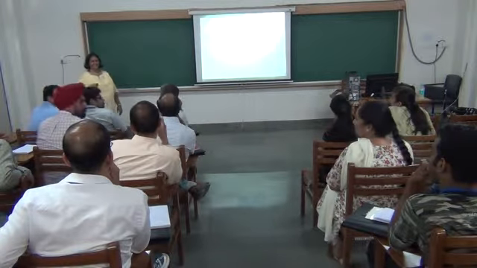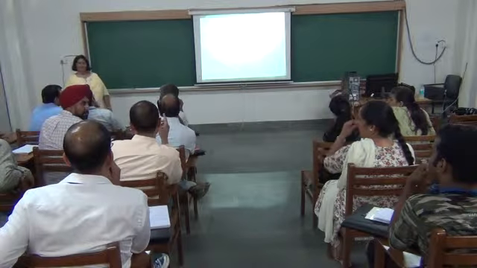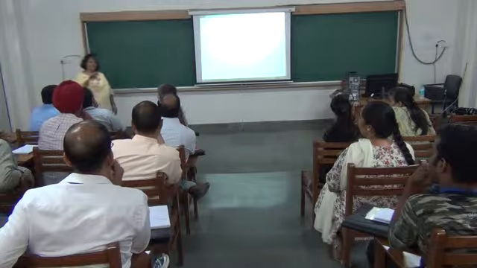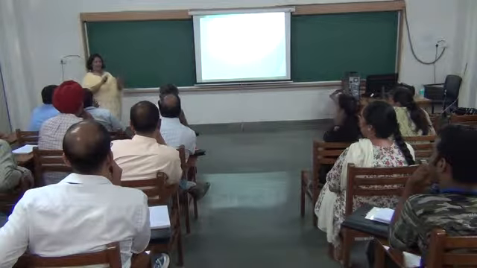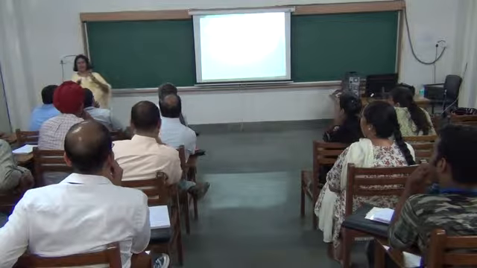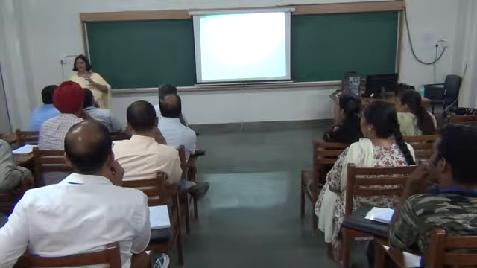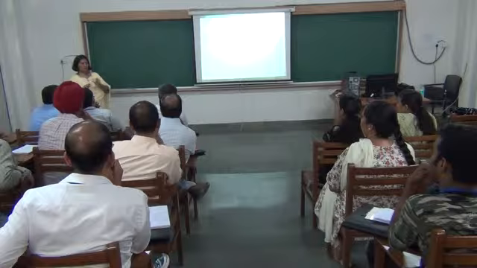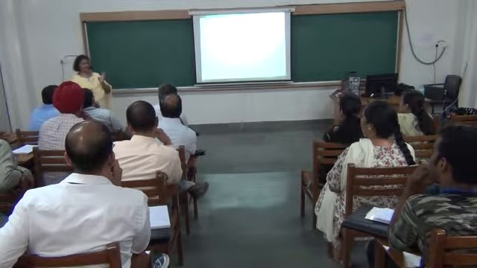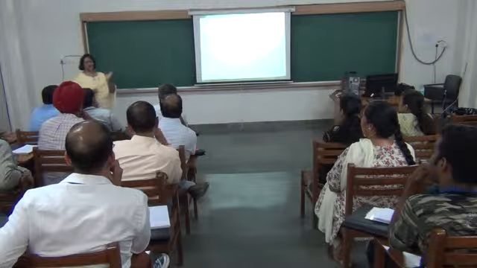We have to ensure that R remains relevant to XC. Yes, that is important. Your R and XC should be of the same order, because my XC is 1 by omega C. So at lower frequency it will just blow up, it will be very, very large.